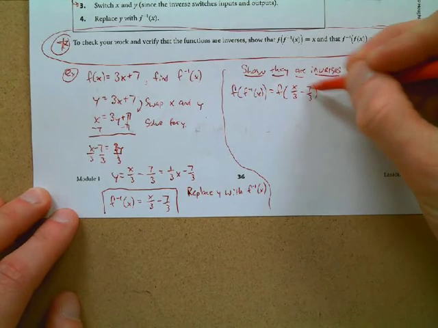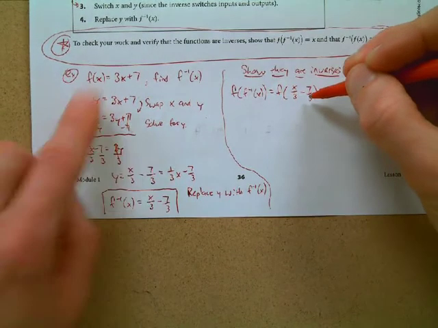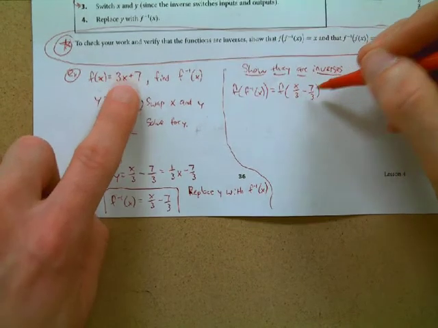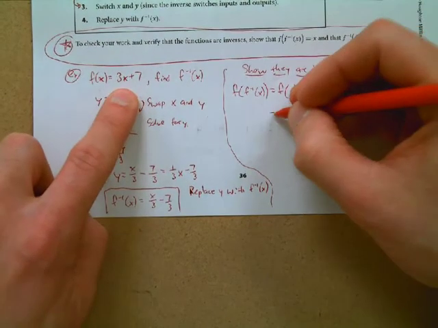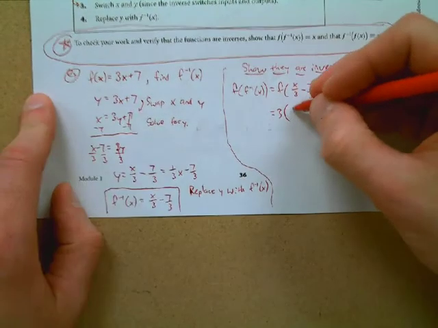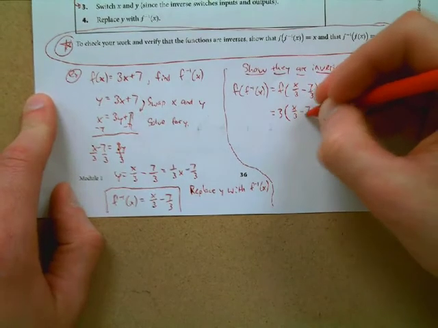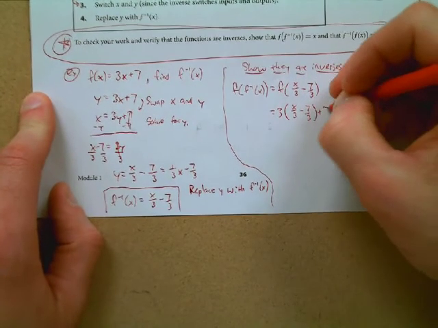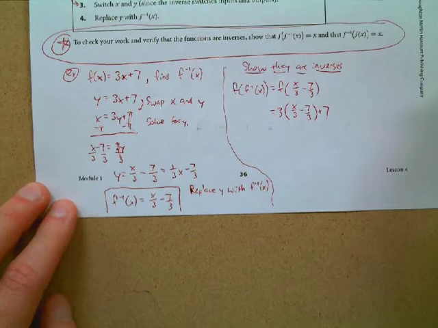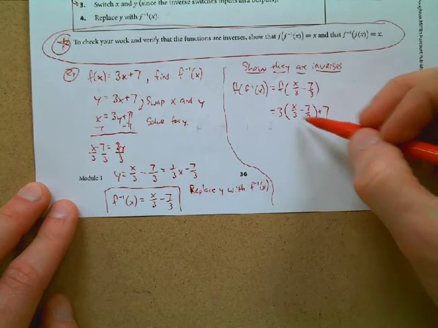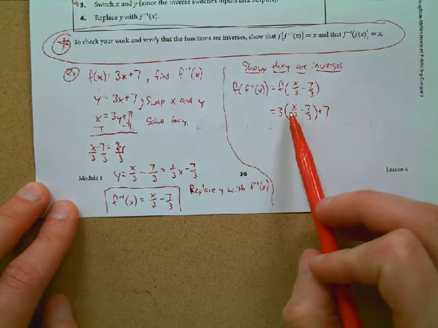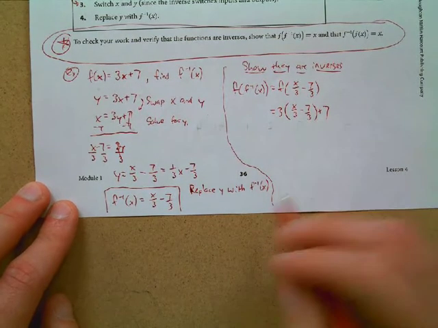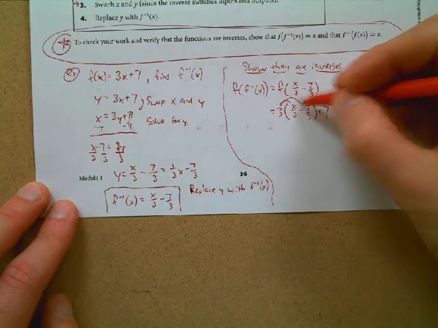Right, so I'm just replacing f inverse with what it's equal to, x over 3 minus 7/3. Now, that x over 3 minus 7/3, it's replacing the x. So wherever I have an x in my function, that x over 3 minus 7/3 will replace the x. So in other words, I'm going to have 3 parentheses, x over 3 minus 7/3, plus 7.